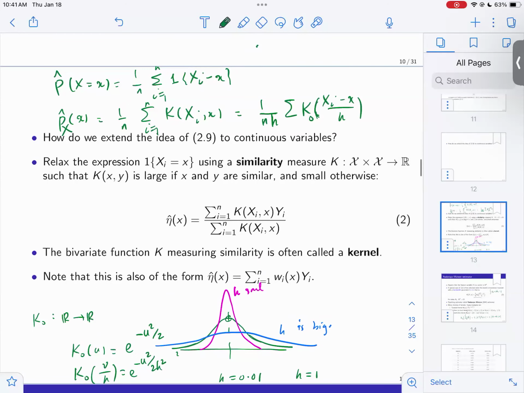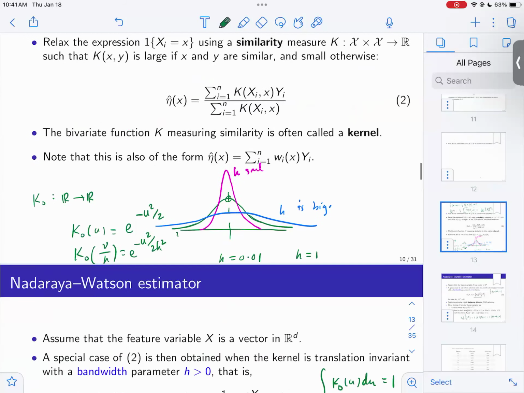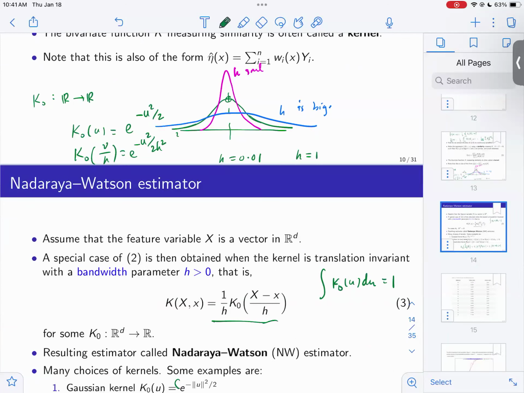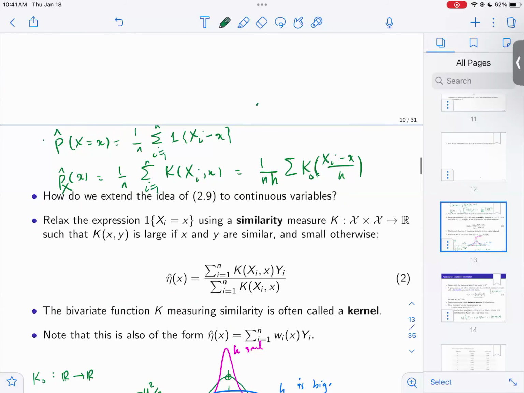You get 1/n times the integral of these, and the integral of all of these is 1. So it's a proper density. This is done to preserve the integral, basically. It doesn't matter for the regression estimator because you divide and this goes away. But the same idea is used to do density estimation.